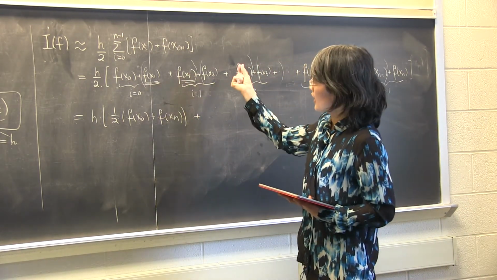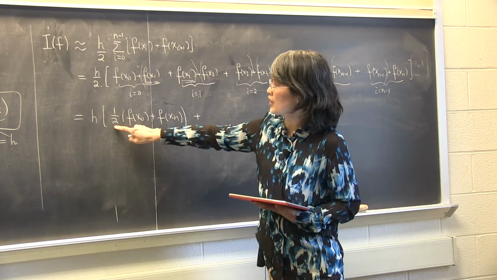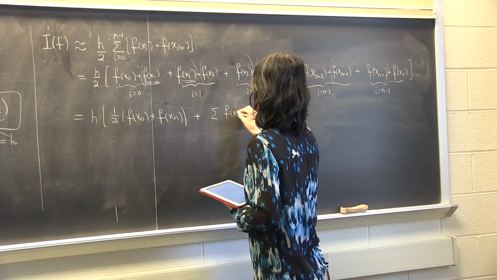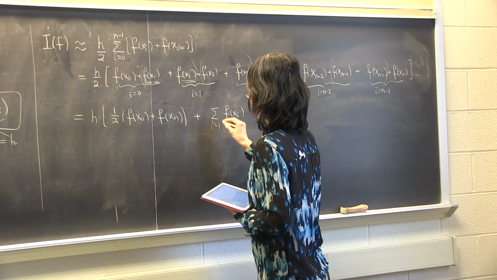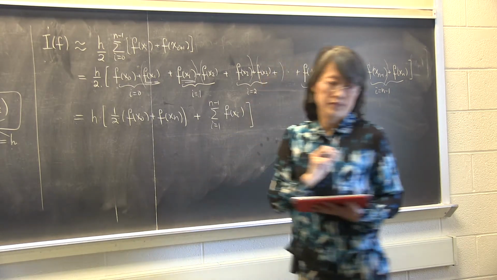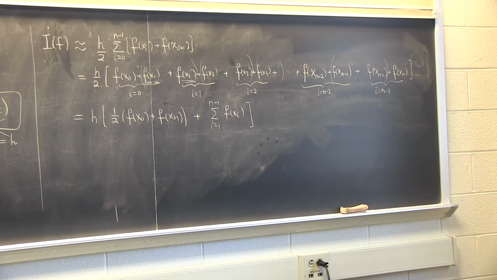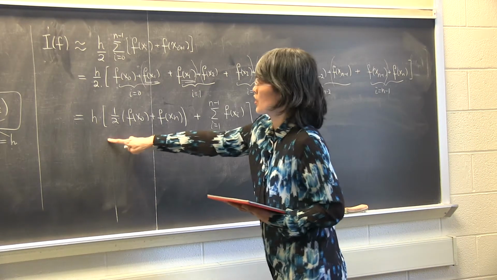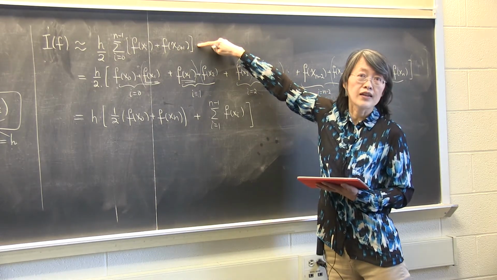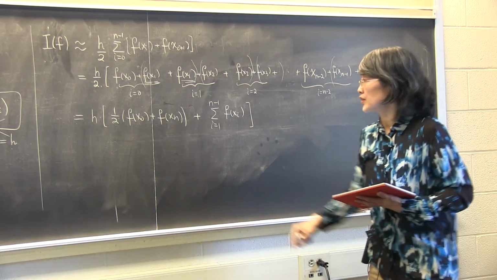All the inner knots, they are multiplied by 2 and divided by 2, and it's gone, the constant. So f at xi, i from 1 to n minus 1. If you're reading this as code, this line here is much more efficient than this line, computationally speaking.